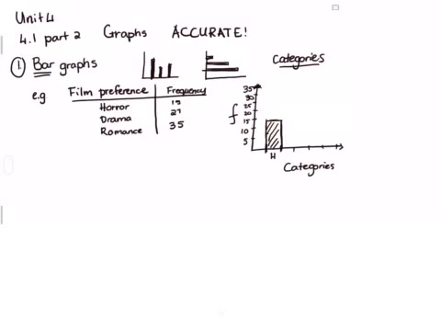Then you leave a gap. The next one is drama. If 25 is this height, then let's say 27 is there. Again, because you're going to measure it with a ruler, yours is going to be much more accurate. And you label it at the bottom, you would write the full drama.